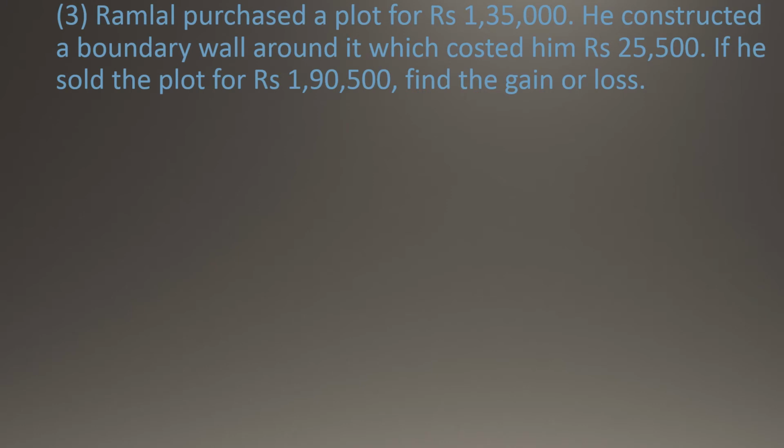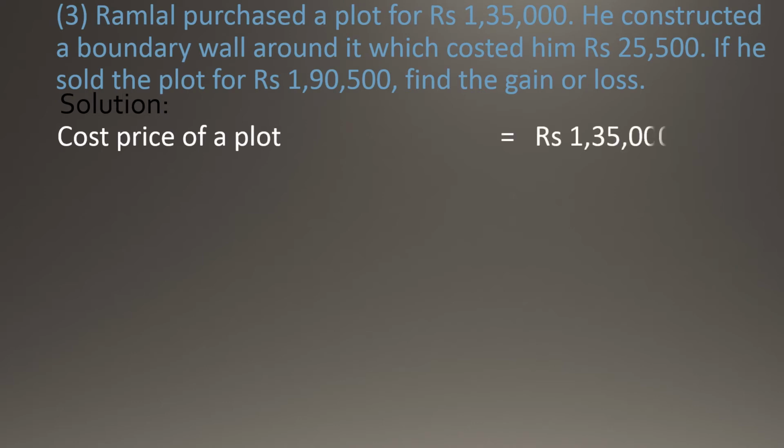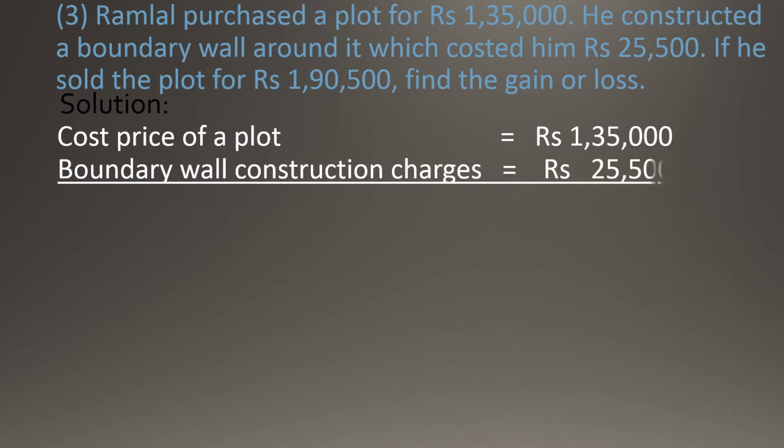Let us solve one more question. Question number 3. Ramlal purchased a plot for rupees 1,35,000. He constructed a boundary wall around it, which cost him rupees 25,500. If he sold the plot for rupees 1,90,500, find the gain or loss. See, in this question, cost price of the plot is rupees 1,35,000 and boundary wall construction charges is rupees 25,500. So the actual cost price of the plot is, do the addition, rupees 1,35,000 plus rupees 25,500.